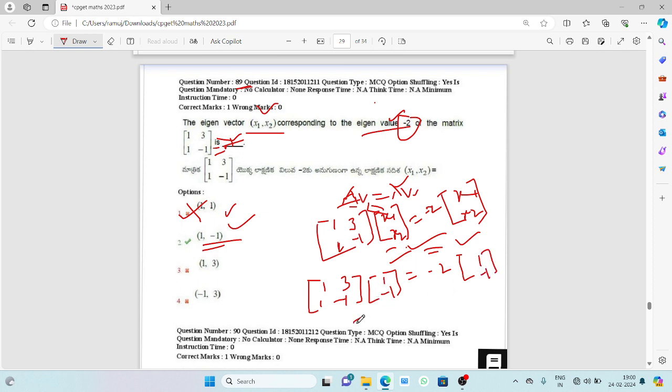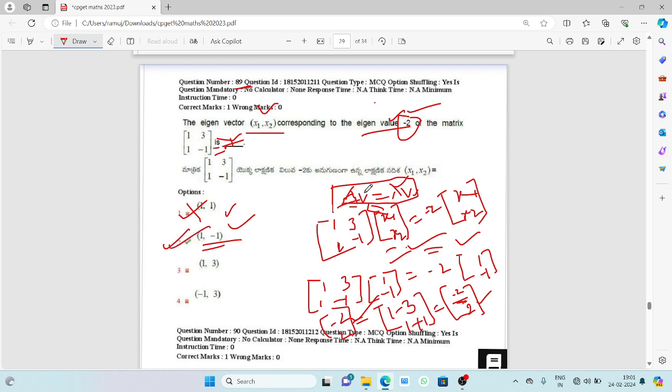If you multiply on the left, you get 1 minus 3 and 1 plus 1, which is minus 2 comma 2. On the right, multiplying by minus 2 gives minus 2 comma 2 as well. So both are equal, and it satisfies the eigenvalue-eigenvector condition for eigenvalue minus 2. So the second option is the correct one for this question.